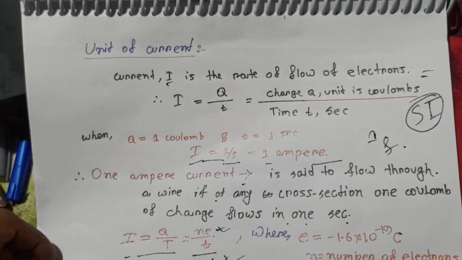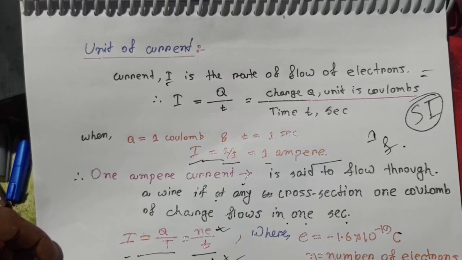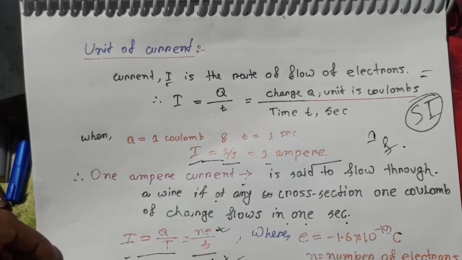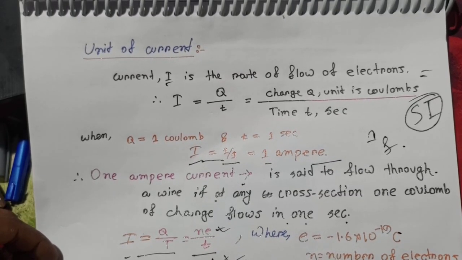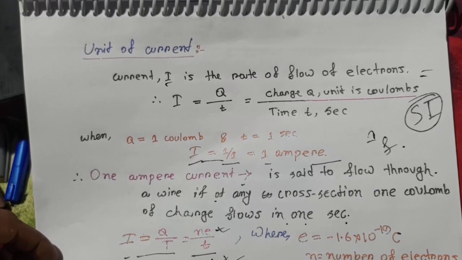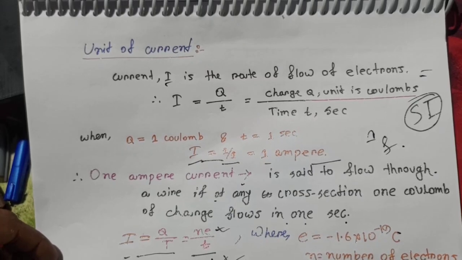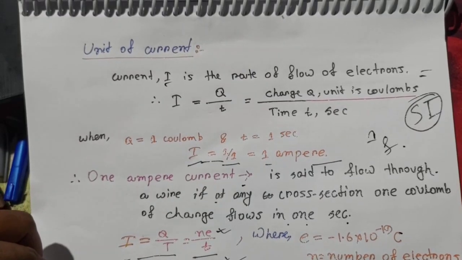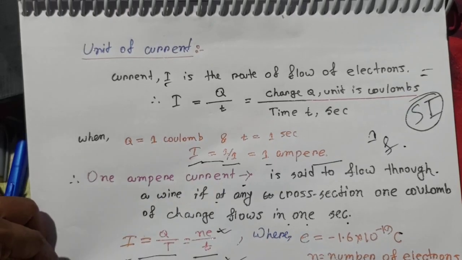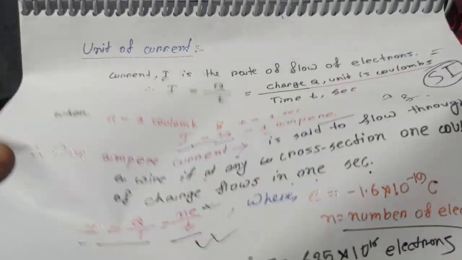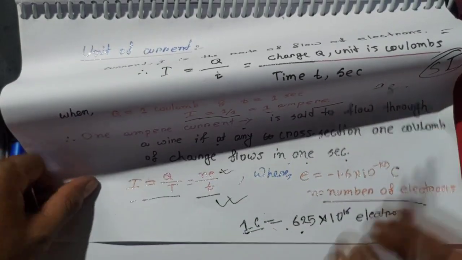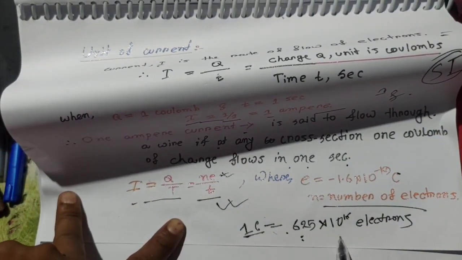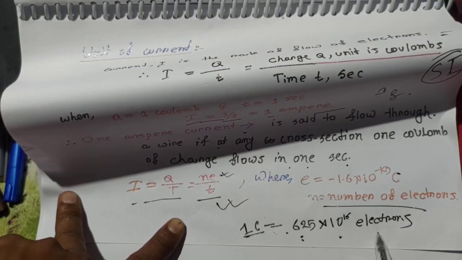I think you know that 1 coulomb is equal to the charge on 6.25 into 10 to the power 18 electrons; we discussed this in the previous video. As spoken: 1 coulomb is equal to 625 into 10 to the power 16 electrons.